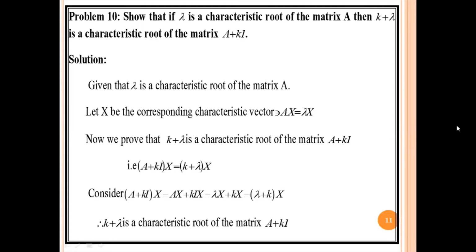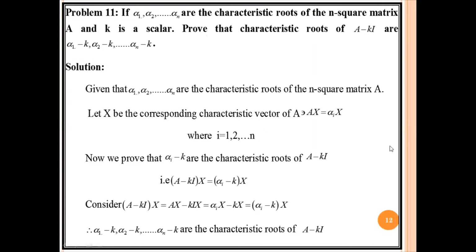This is the identity. Another identity, just like the previous one: if alpha 1, alpha 2, ..., alpha n are the characteristic roots of the n square matrix A, and k is a scalar, then prove that the characteristic roots of A minus kI are alpha 1 minus k, alpha 2 minus k, and so on, alpha n minus k.